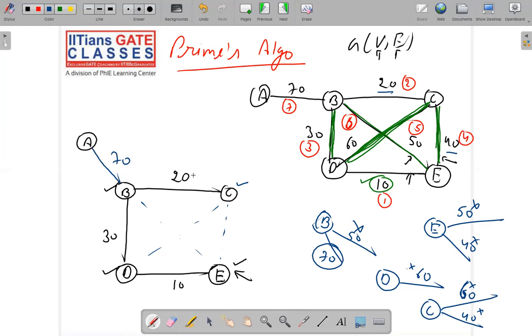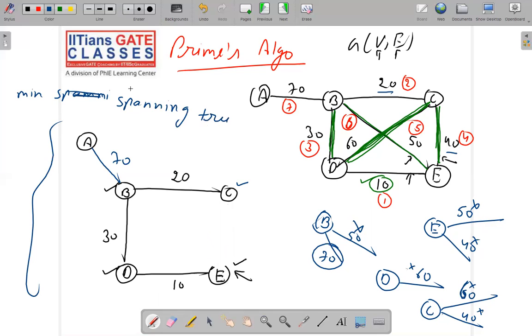Now, if you remember, the Kruskal algorithm was also giving the same answer. Once we have unique edge weights like in this graph, we will have a unique minimum spanning tree. Remember this.